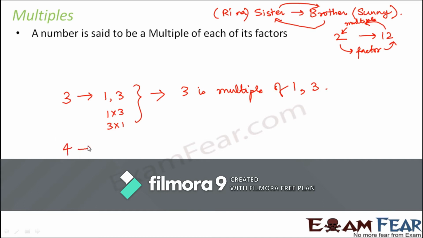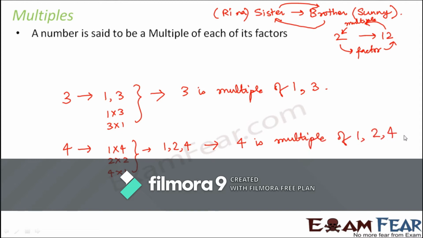Similarly, if you take number 4, 4 can be written as 1 into 4, 2 into 2, and 4 into 1. So it has 3 factors, that is 1, 2 and 4. That means that 4 is a multiple of 1, 2 and 4. Let's talk about 6.